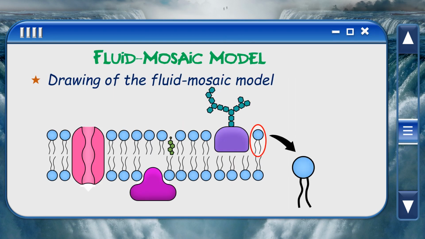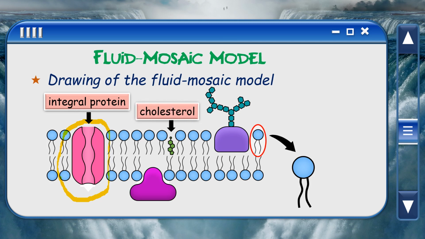Let's look at the fluid mosaic model. This is the drawing of the fluid mosaic model. When you look at it, we have the integral protein, transmembrane. It moves across the phospholipid bilayer, that is the integral protein.